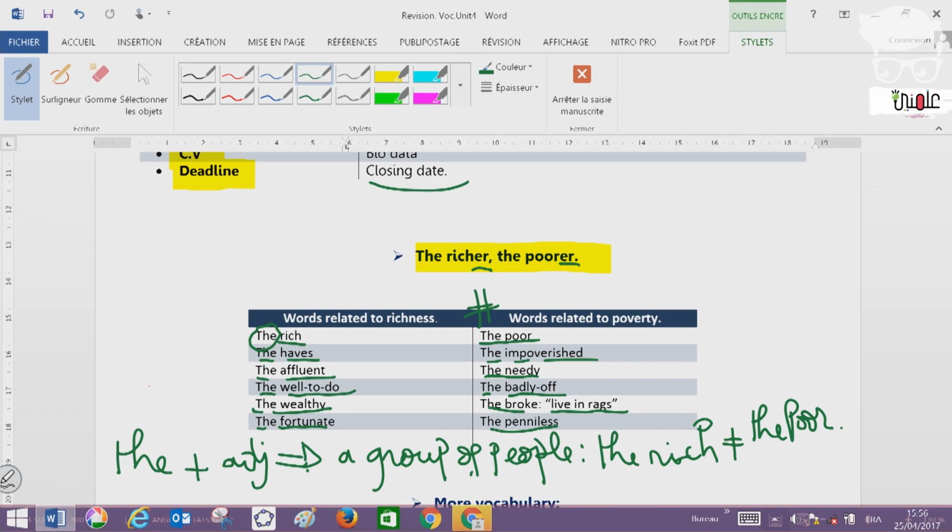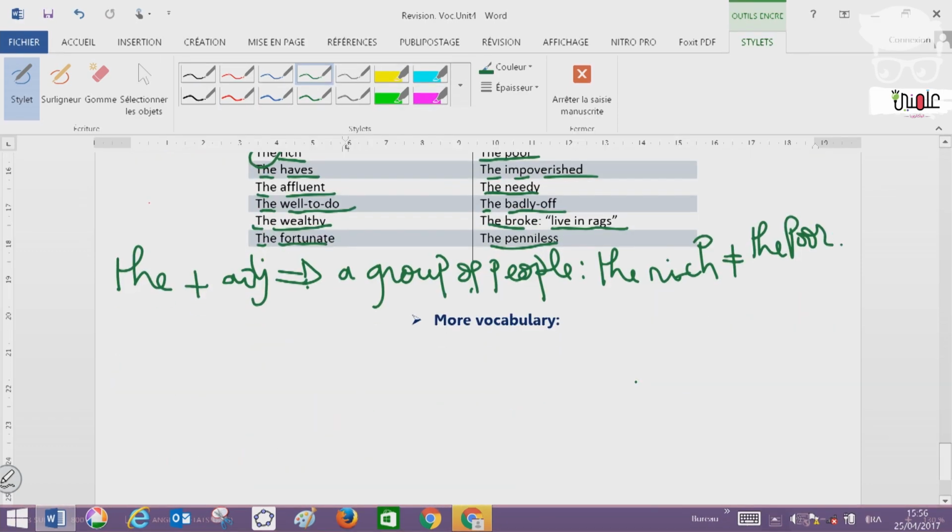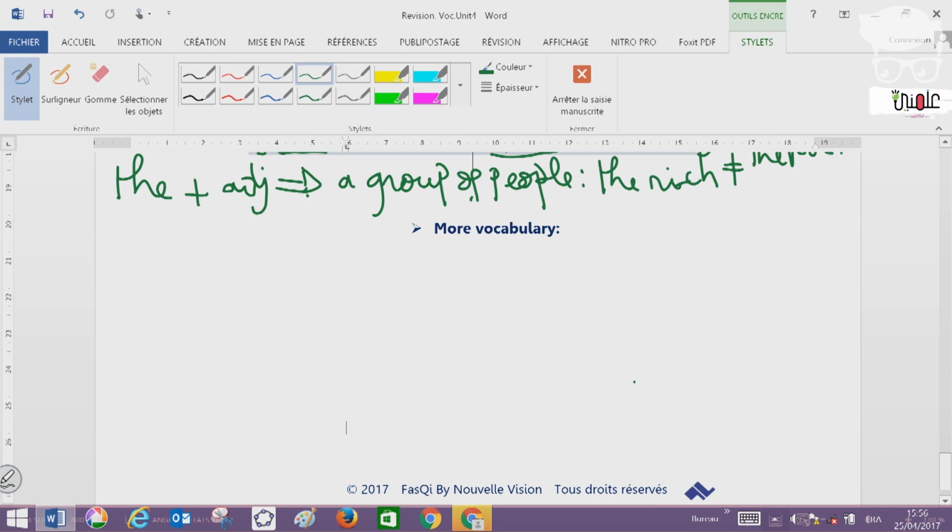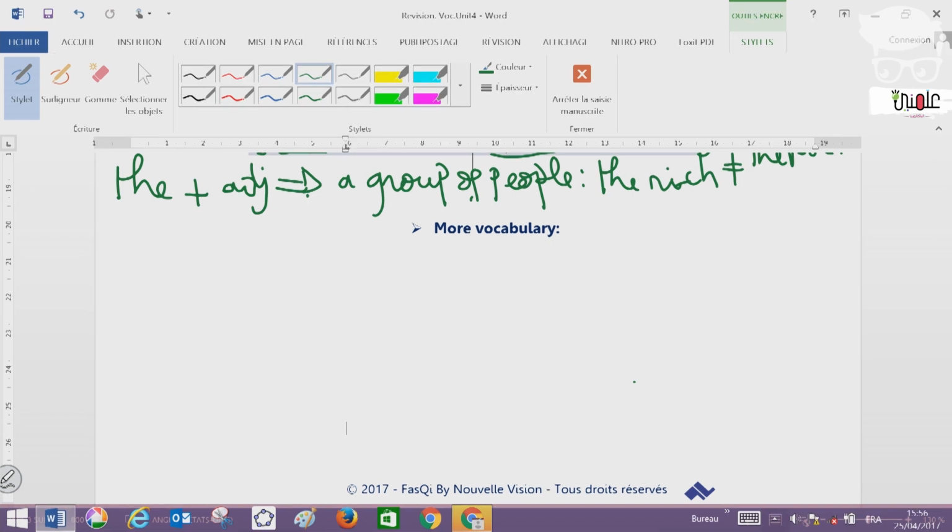Good, such as more vocabulary, more words. Okay, we have the word, for example, anxious, and the word is an adjective.